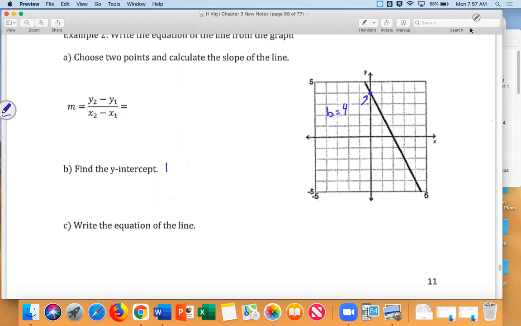So I'm going to put that right here so I don't forget. And now, I can see that my line goes through this point right here and this point right here. Are we all in agreement with that? Liam, are you in agreement with that, that my line goes through those 2 points?